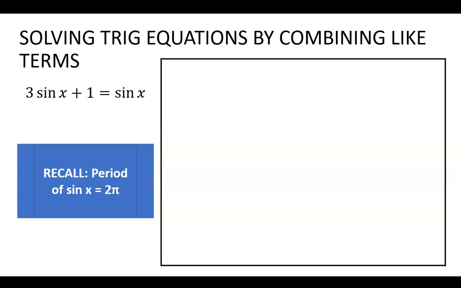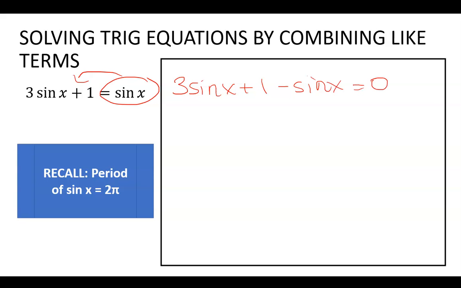This particular one, 3 sine x plus 1 equals sine x. We're going to solve this one by combining like terms. You'll recall when you're combining like terms, you do get everything on the same side. So I am going to get everything on the same side by taking that sine x, carrying it over to the left. When I do that, it becomes negative. Just set it equal to 0.